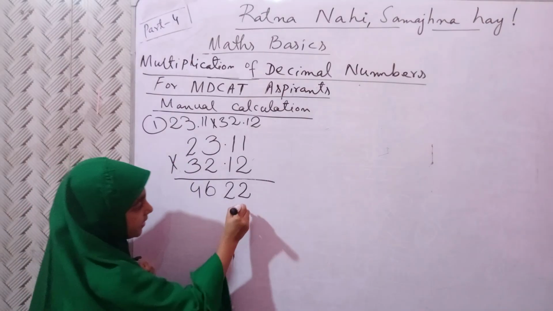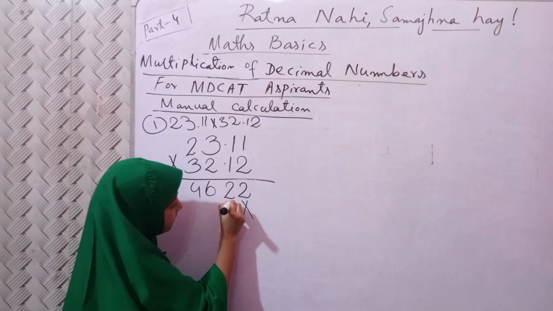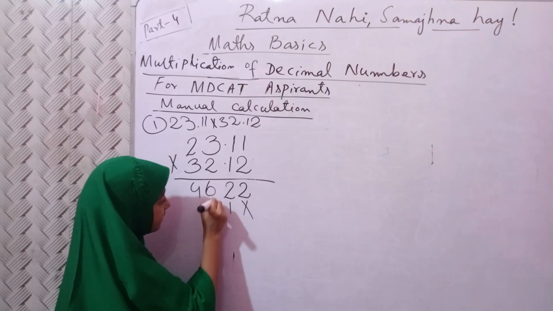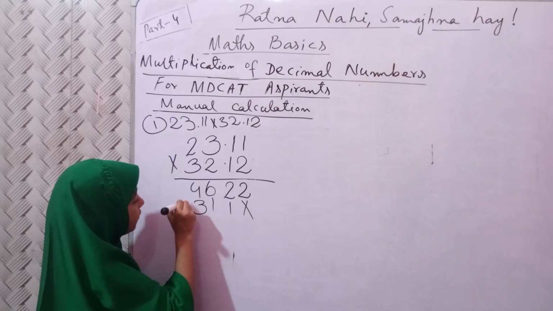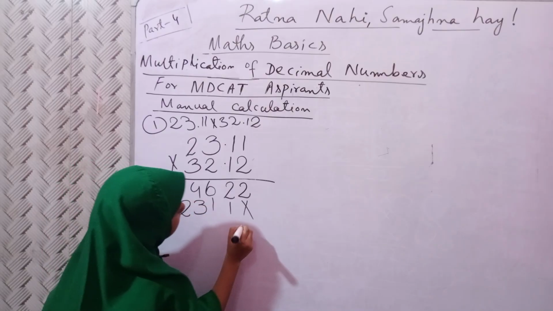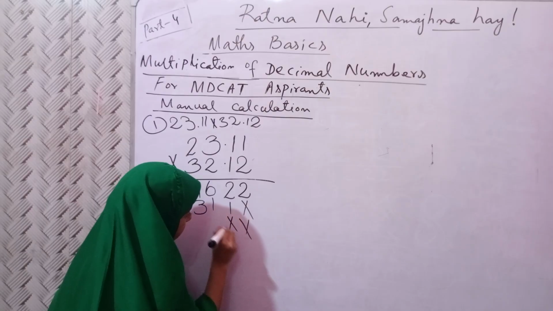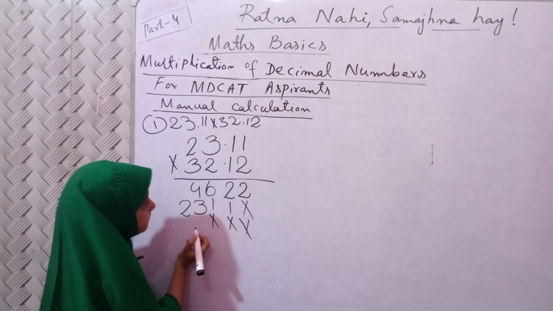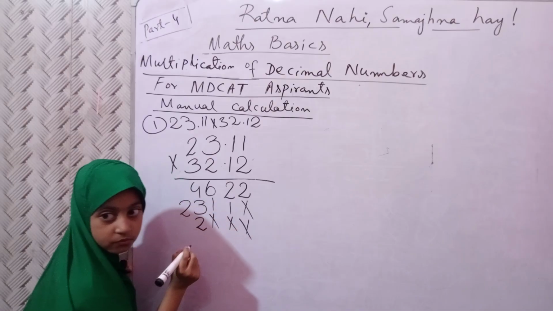Now multiply sign. 1 ones are 1 and 1 ones are 1. 1 threes are 3 and 1 twos are 2. Again two times multiply sign will become. Now 2 ones are 2.